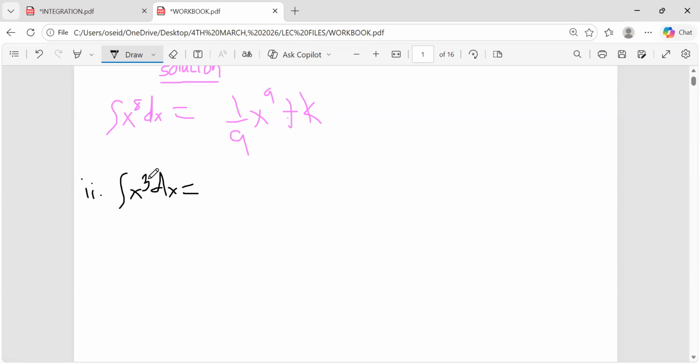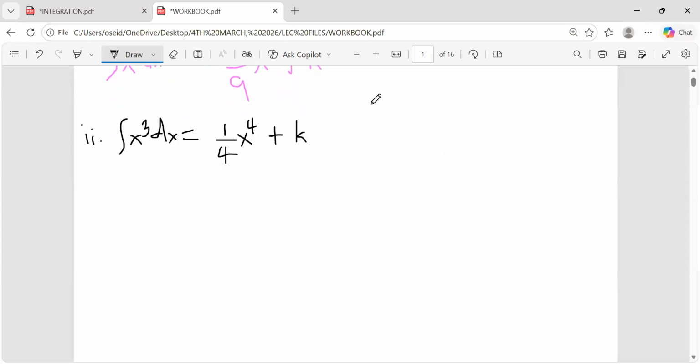We add 1 to the exponent, or the power. So we are going to get 1/4 x exponent 4 plus k, which is as easy as ABCD.